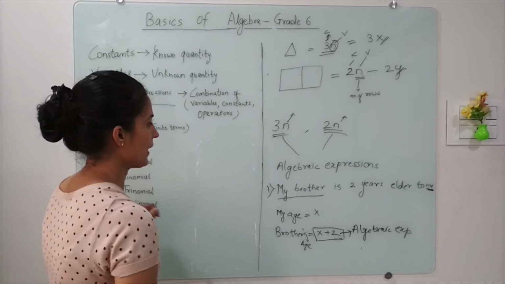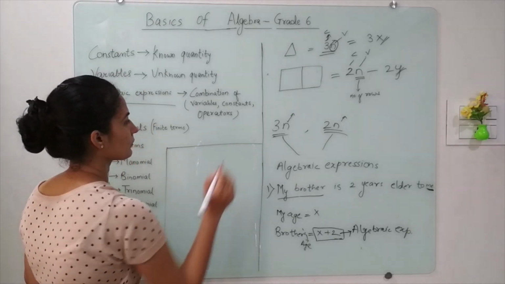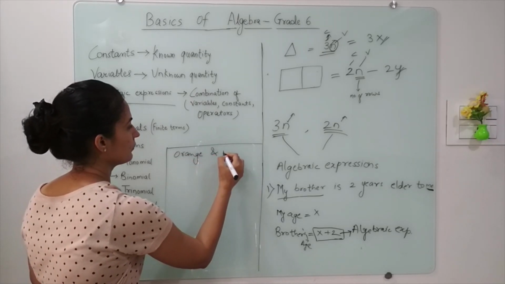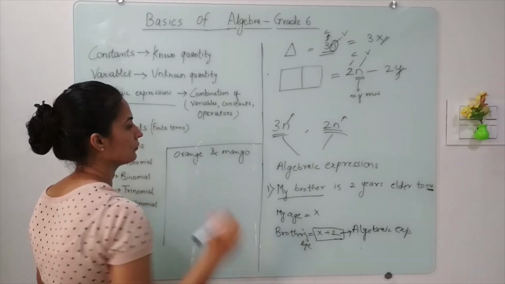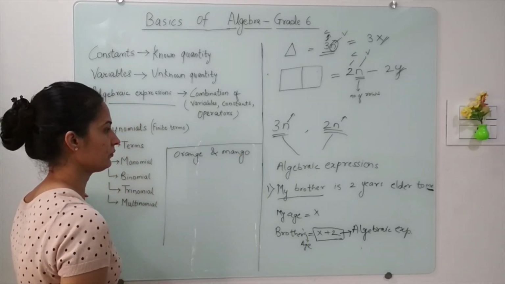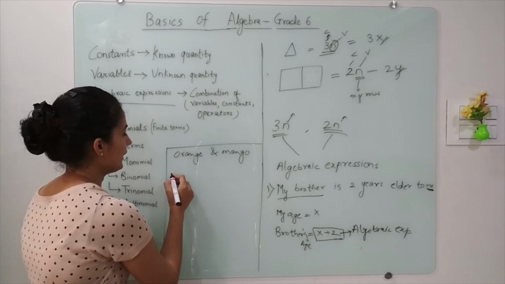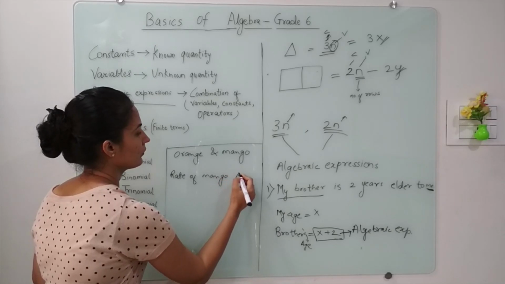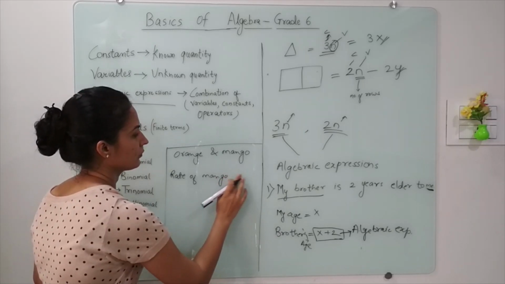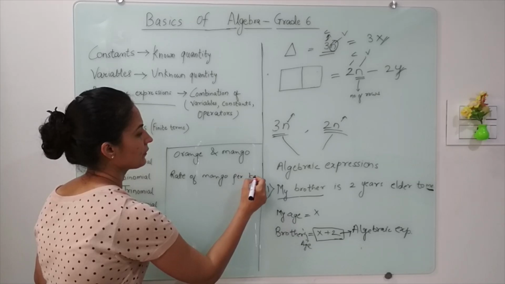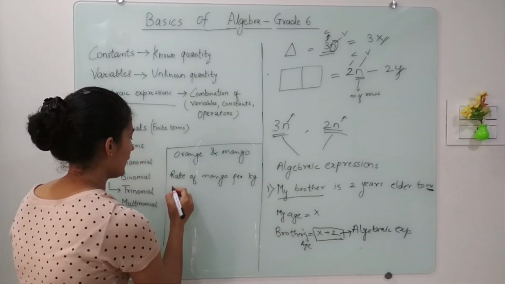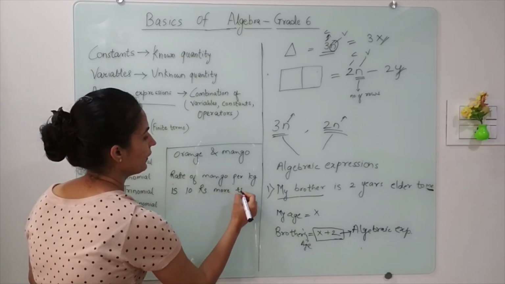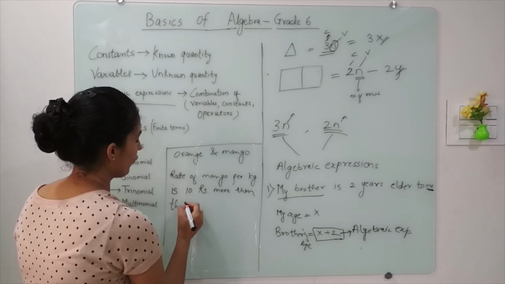Similarly, let's take an example of orange and mango. I say that the rate of mango, say for example per kg, is 10 rupees more than that of orange.